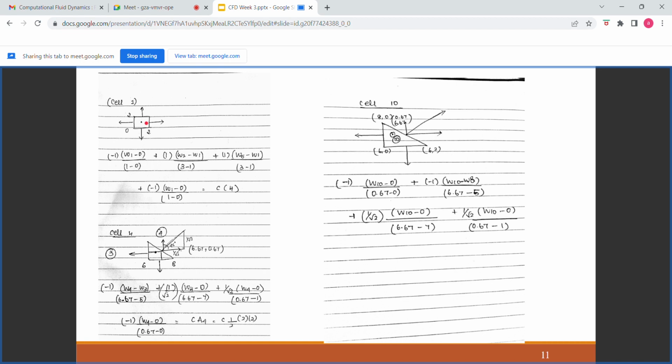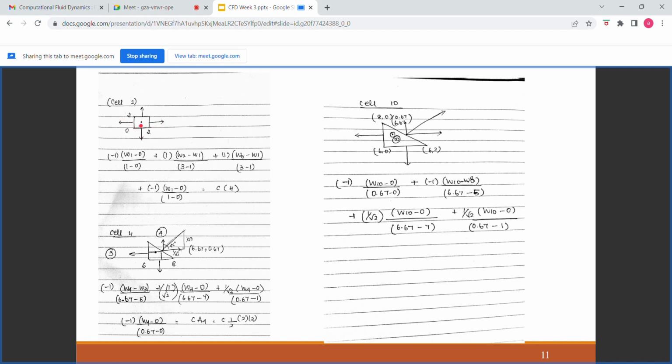Like this is 0.1, that would be 0.3, the midpoint of the second cell. So that is 3 minus 1 and w2 minus w1. So we'll get nx into dou w by dou x plus ny into dou w by dou y for these coordinate directions.